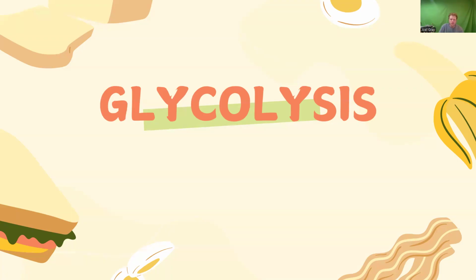So, glycolysis. Could everyone give me a number in the chat if you have ever heard of glycolysis, a letter in the chat if you have never heard of glycolysis. Okay. Typically, if you're unfamiliar with glycolysis, it's a pathway that people will mention in an introductory biology class.